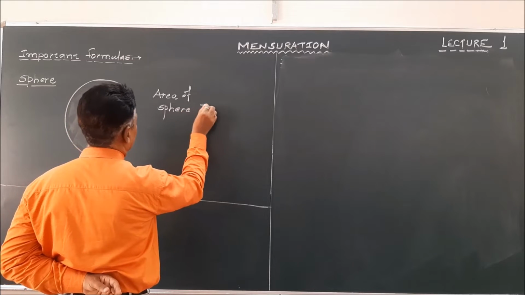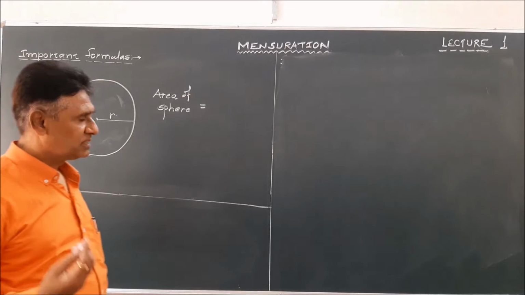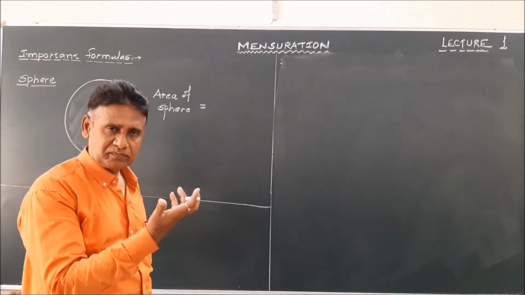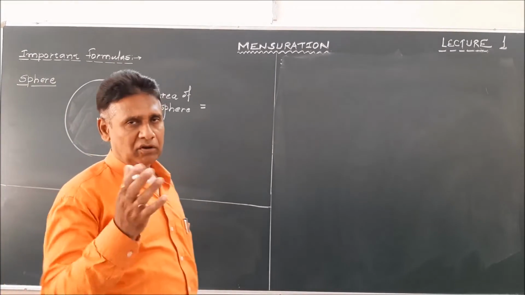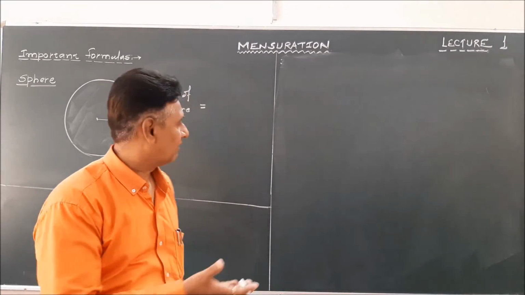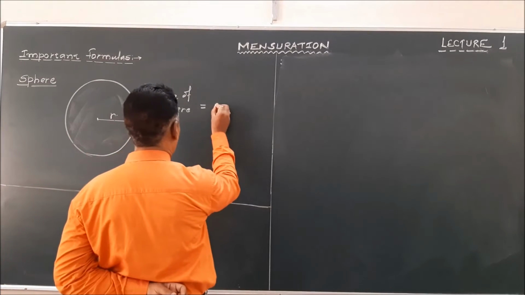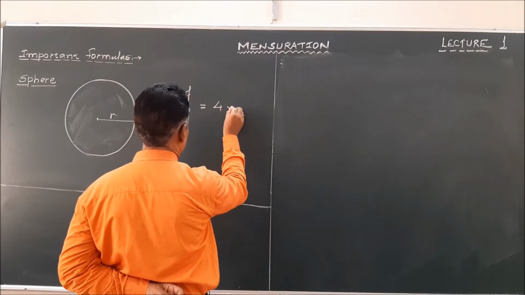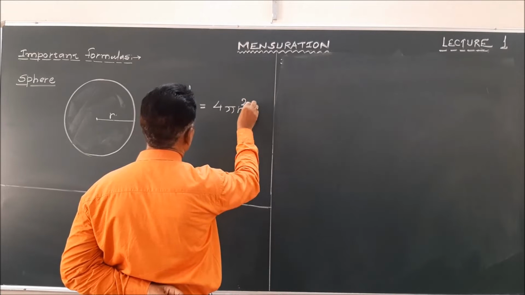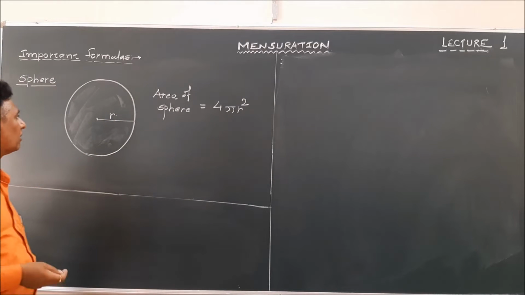Dear student, you will surely notice one thing. Sphere itself is a spherical formula. So it will not have different formulas like curved surface area or something like that. There's only one area. So that is nothing but 4 pi r square, the entire area.